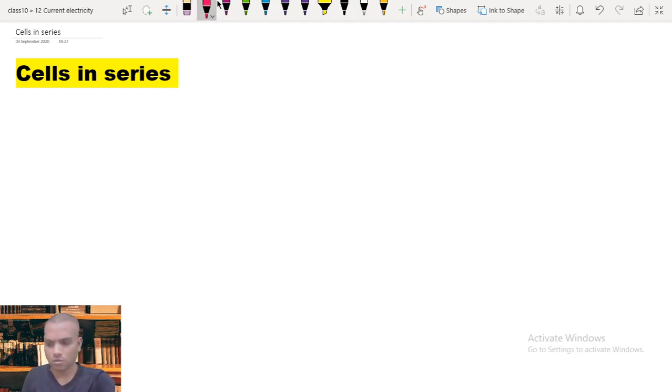Suppose I take two cells. This is the first cell, which is connected to another cell. It has EMF E1 and this has EMF E2.